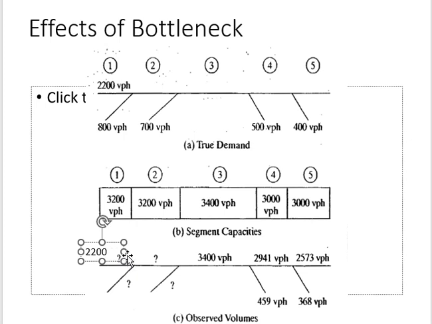Second. Why 3,000? 2,200 plus 800. 2,200 demand of segment 1 and 800 demand coming in. So total 3,000.